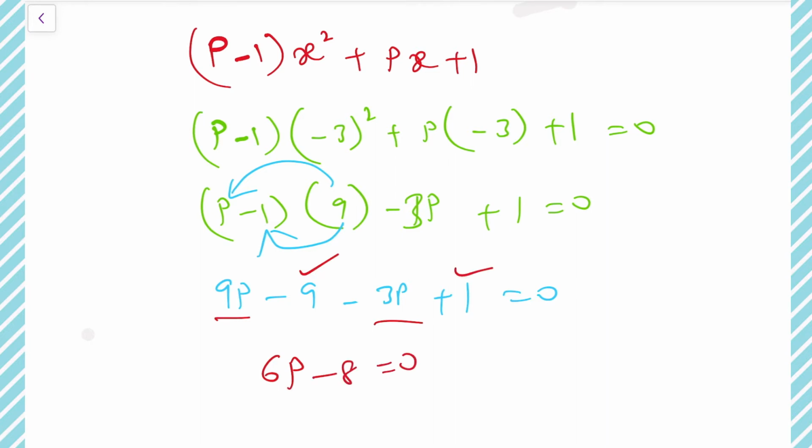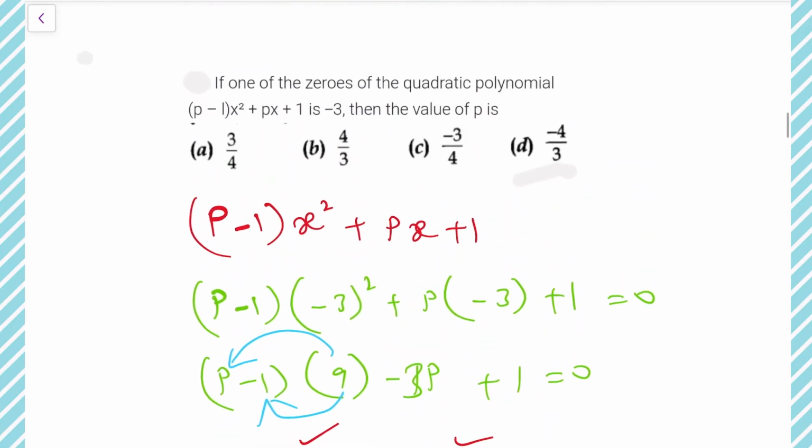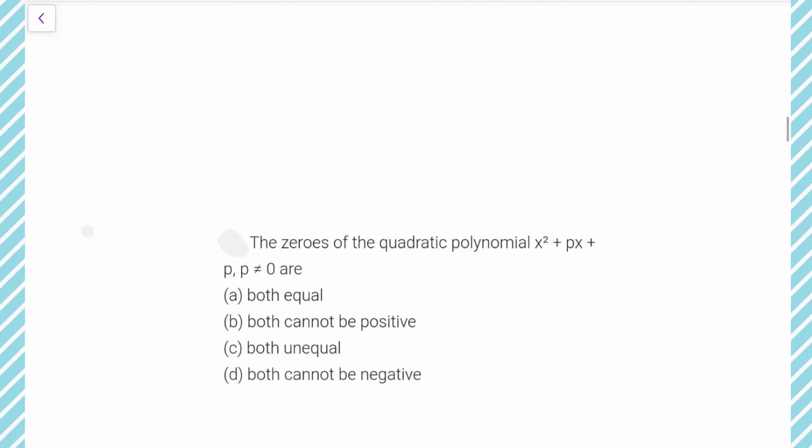Take minus 8 to the right side, it becomes plus 8, then 6p is equal to 8, so p is equal to 8 by 6. If we simplify, 2 fours are 8, 2 threes are 6, so our final answer is 4 divided by 3. Let us check with the options. 4 divided by 3, Option B is the correct option.